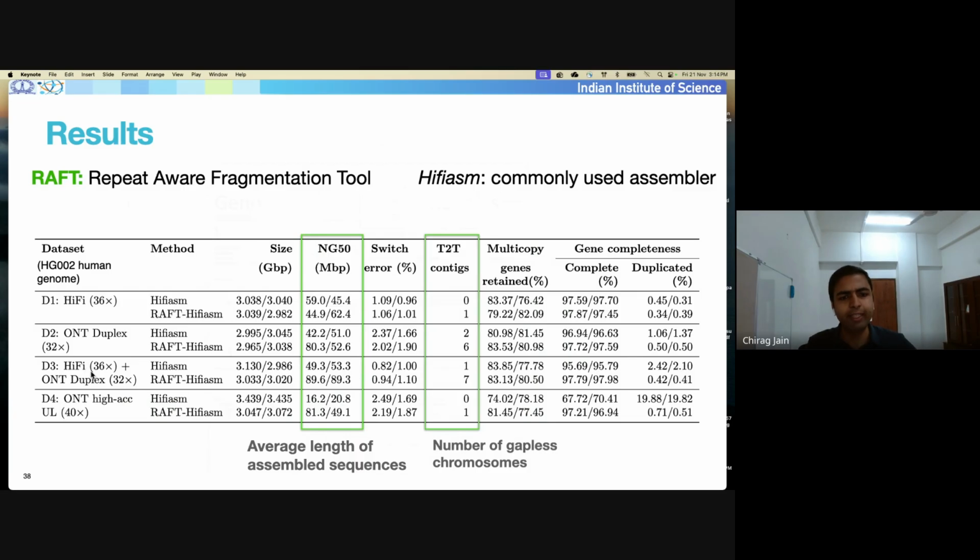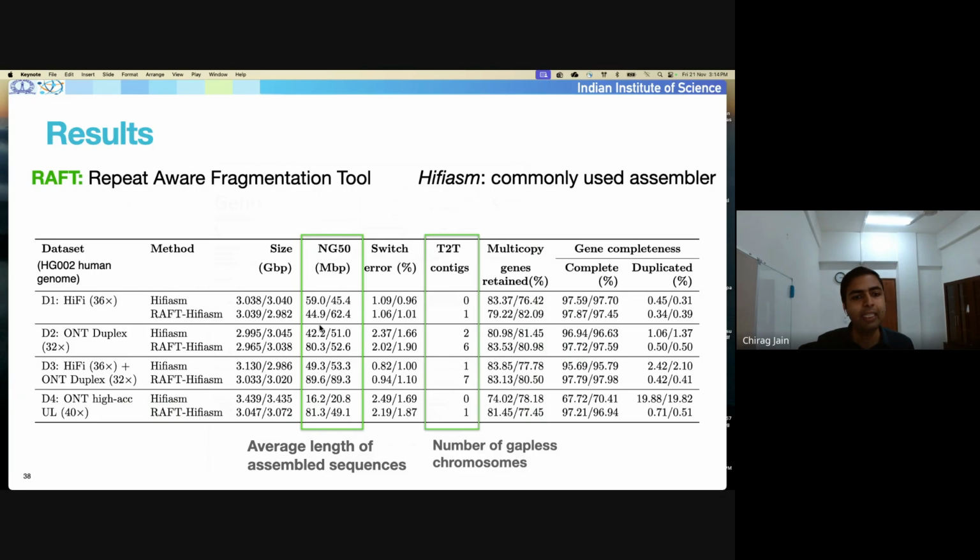And actually this table is very dense because for benchmarking, usually we have to measure a lot of properties. That is, what is the length of the assembled sequences? Are they accurate or not? And so on. But let me point you to the two main metrics. That is the average length of assembled sequences and the number of sequences that were assembled end to end. That is, the number of chromosomes that were assembled completely.